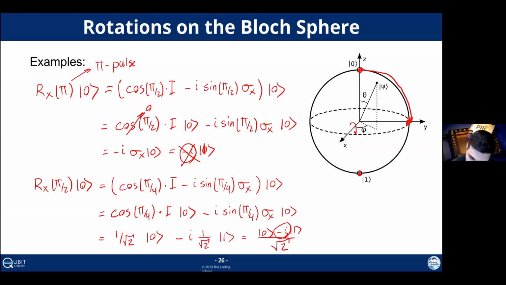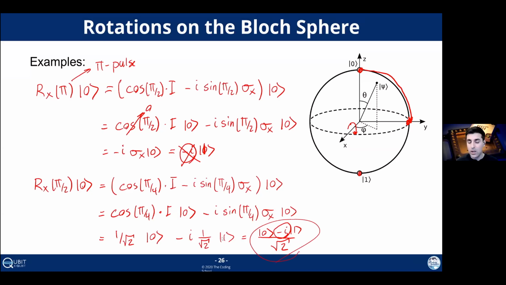And it turns out that one of the eigenstates of the y operator is the state they end up at. So not 0 plus 1 divided by square root of 2, but rather 0 minus i times the 1 state divided by square root of 2.